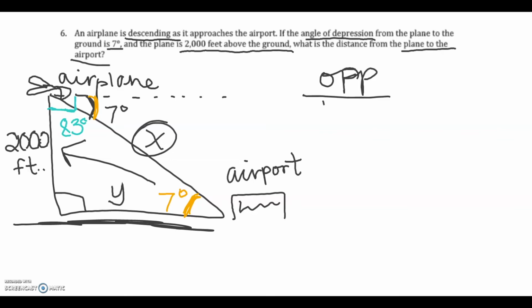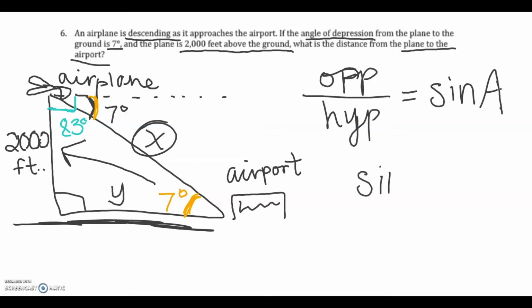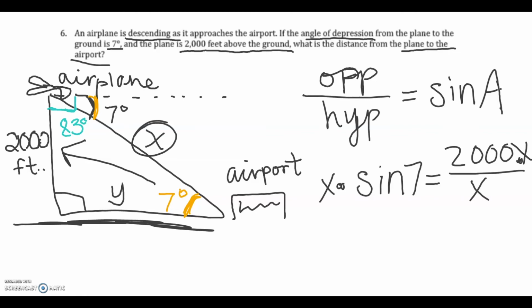So we have opposite over hypotenuse. That is our ratio for sine. So we have sine of 7 degrees equals 2,000 over x. And then we multiply both sides of this equation by x.